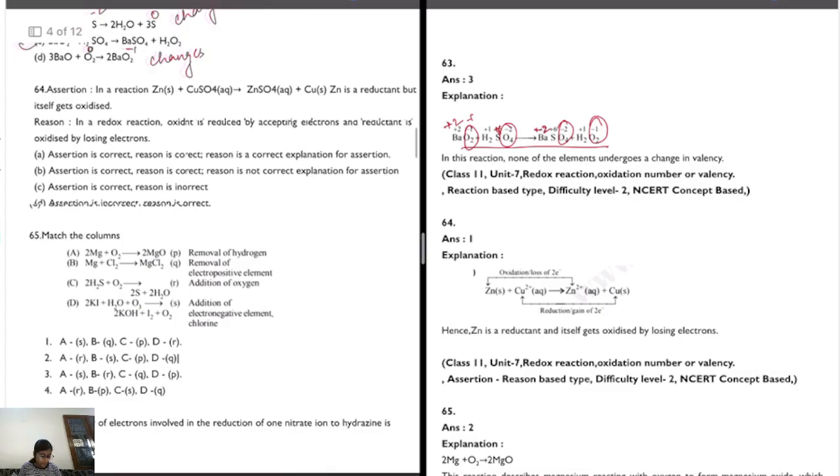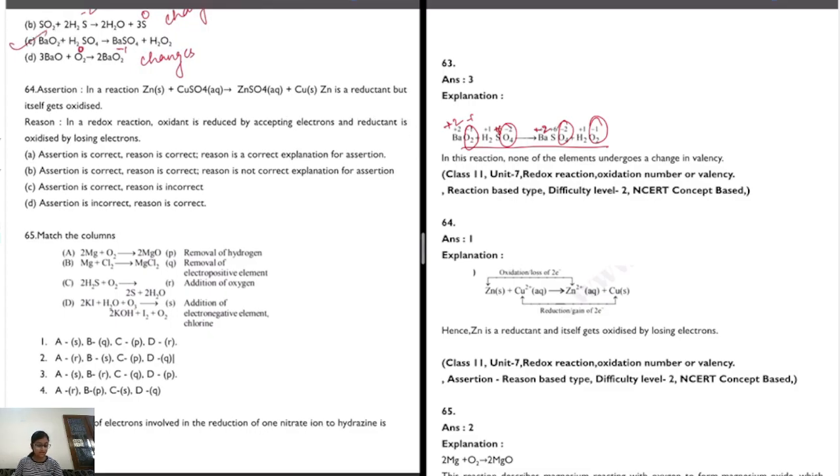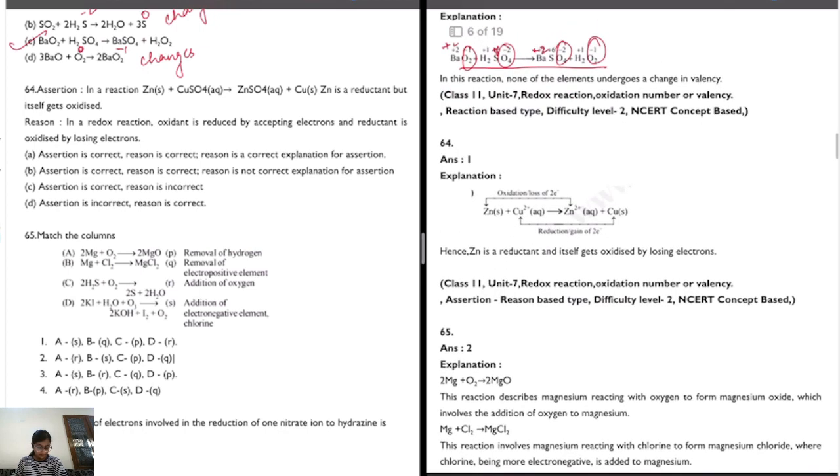In question number 64, assertion is given to us in a reaction Zn plus CuSO4 to give ZnSO4 plus Cu. Zn is a reductant but itself gets oxidized. Okay. And what is given in reason: in a redox reaction, oxidant is reduced by accepting electrons. Reductant is oxidized by losing electrons.